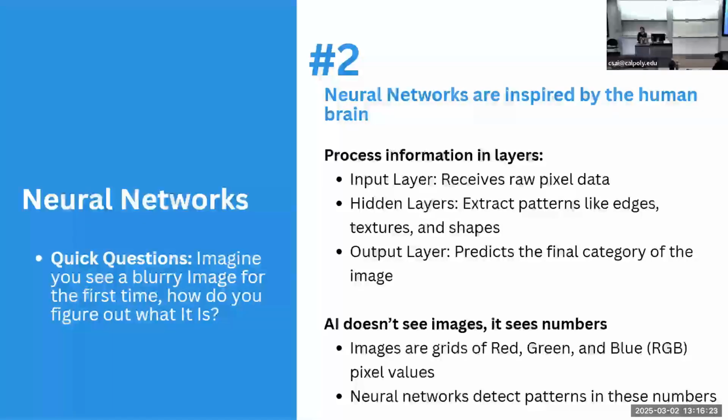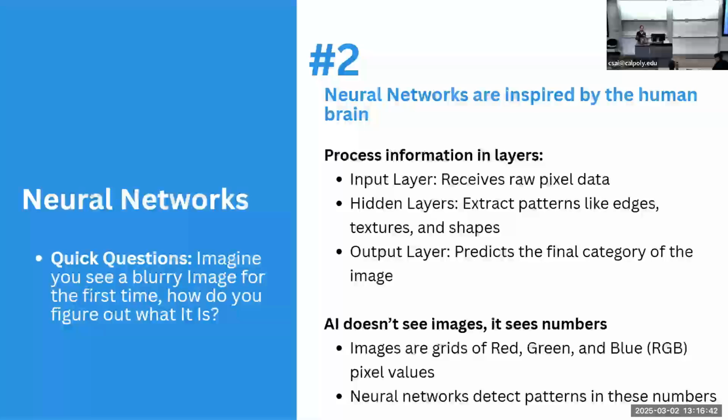A useful analogy is when you see a blurry image for the first time. At first you might only recognize the outlines, then maybe the textures, and finally you see the full object. That's how the neural network also processes images.